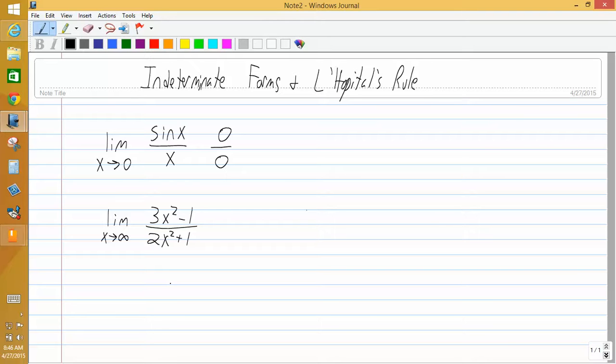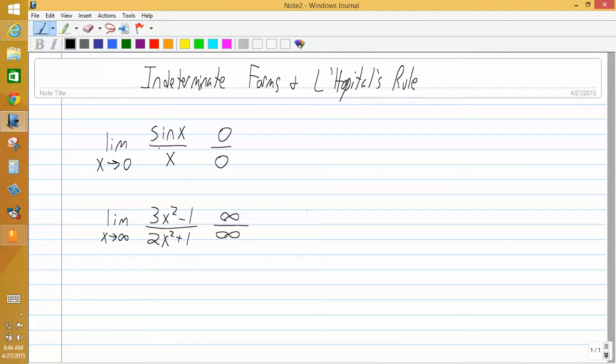But what form would this be in if we just plugged infinity in? This would be infinity over infinity. Infinity squared is infinity, times 3 is still infinity, minus 1 is infinity. So these two indeterminate forms are the first two that we cover.